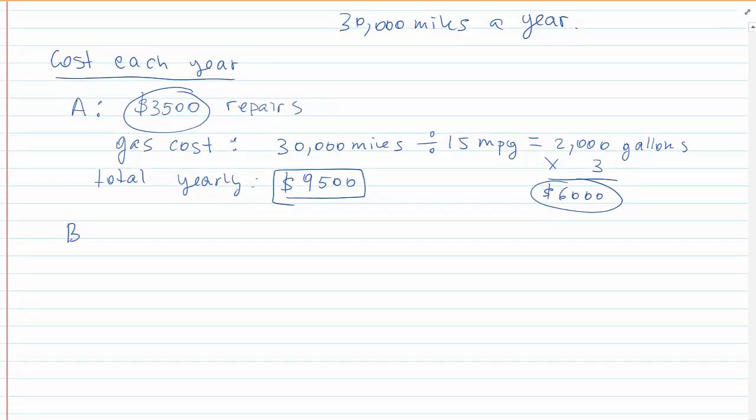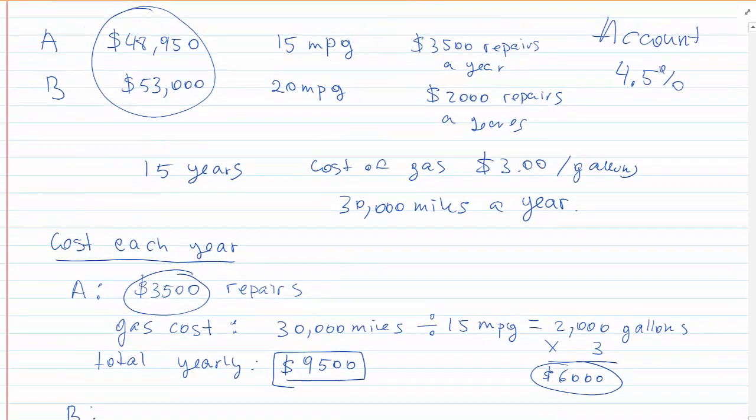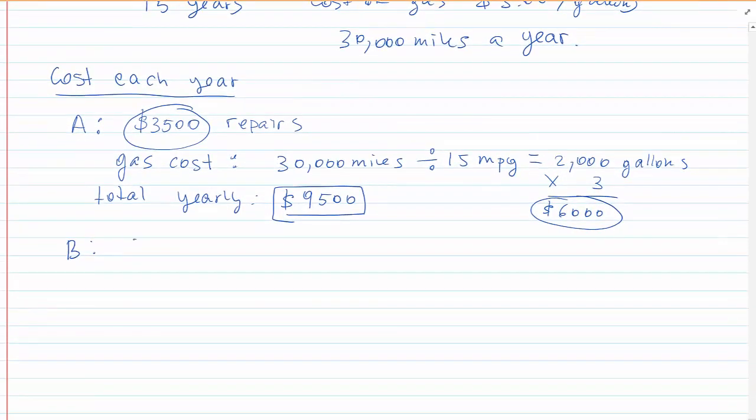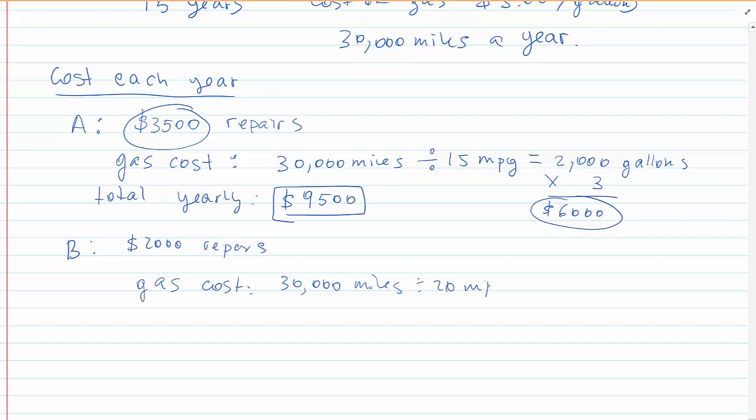Truck B, the same thing, the second truck. The repair cost is $2,000. But this is a more efficient truck, so it's going to cost less. Gas cost is going to be 30,000 divided by a higher MPG, which means we'll need fewer gallons, which is 1,500.